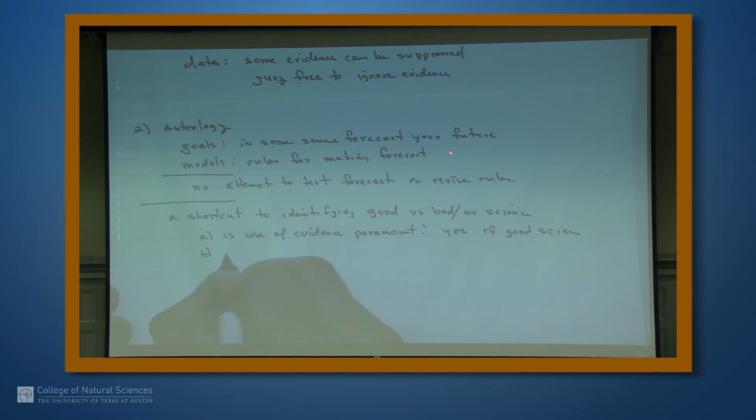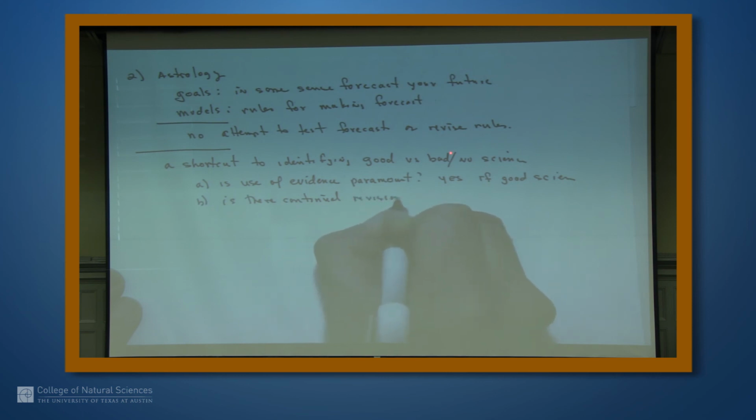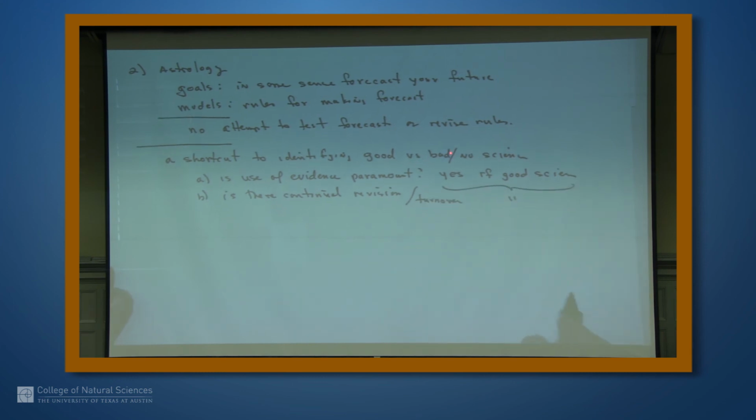B is their continual revision and turnover. And again, yes, if it's good science.